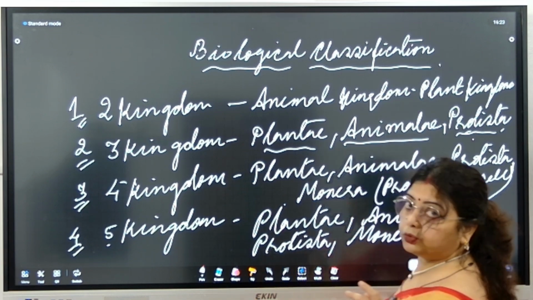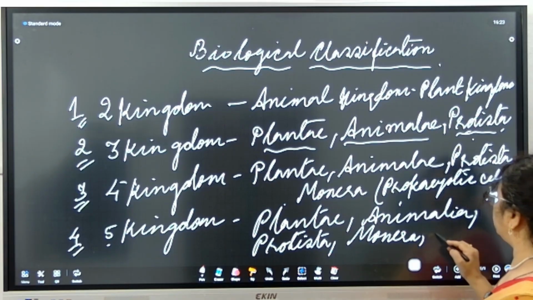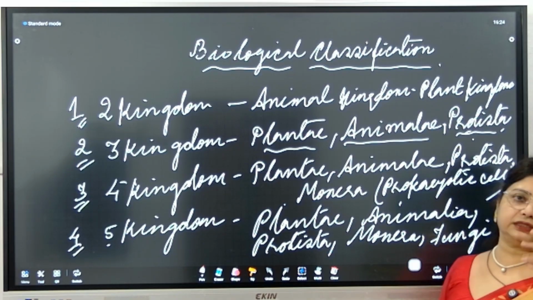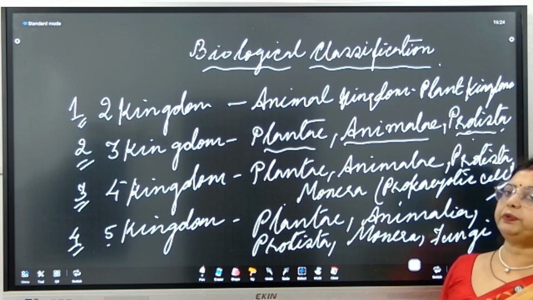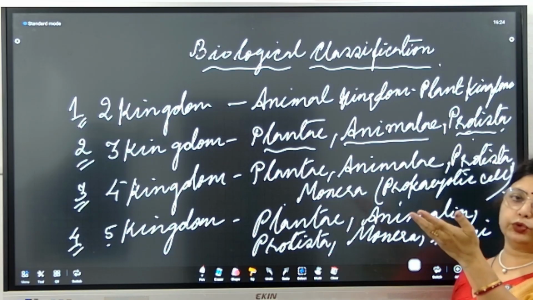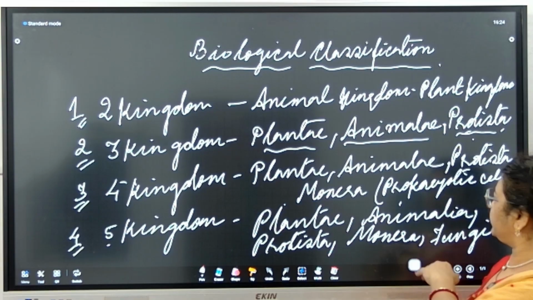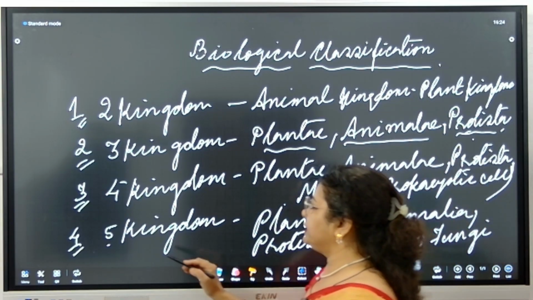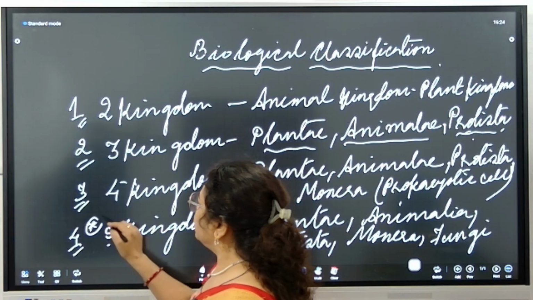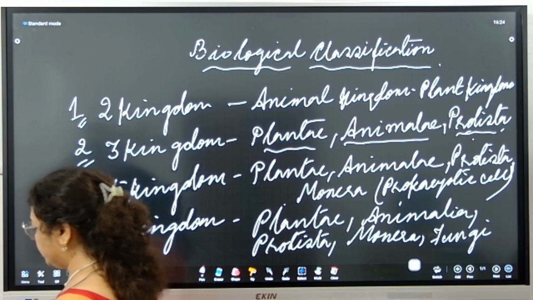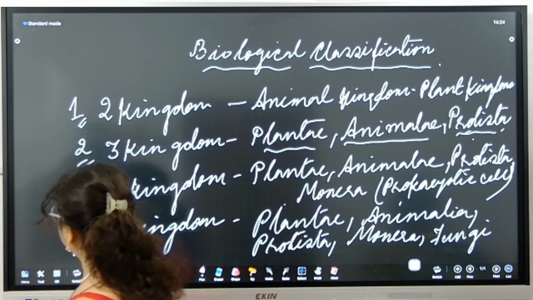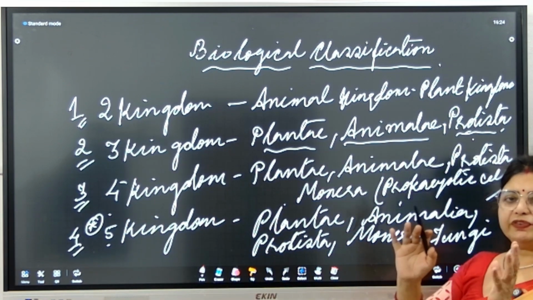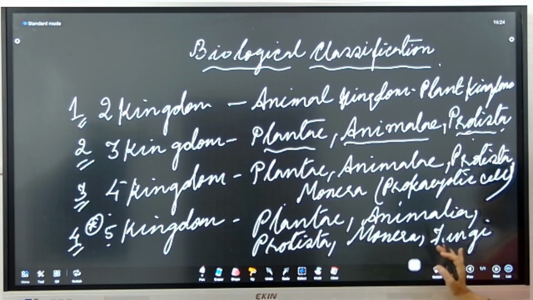And what about now? This is the Fungi. Fungi is the plural and fungus is singular. They were first kept in Plantae, but they could not photosynthesize, so they were separated. Now this is the five kingdom classification, and you just mark it with a star, because the question will come in your class on this, because all the kingdoms we will now study on the basis of these five kingdoms.